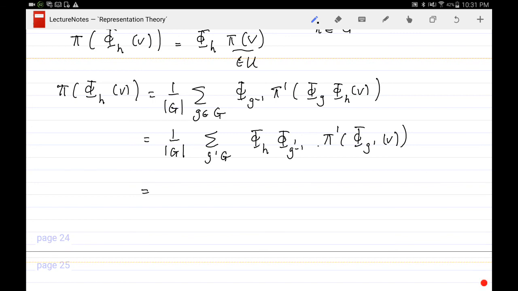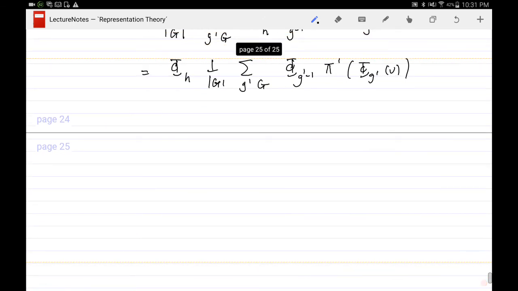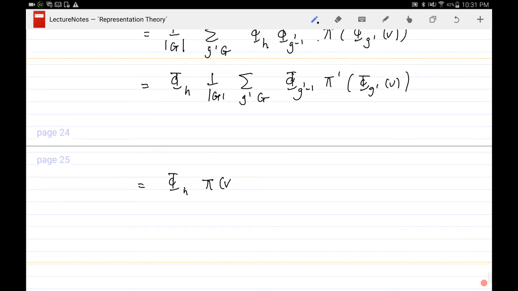And so there is no sum over h, and so I can take this outside. Okay, and that's equal to phi of h pi of v.